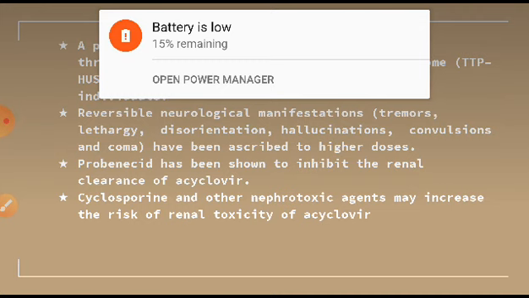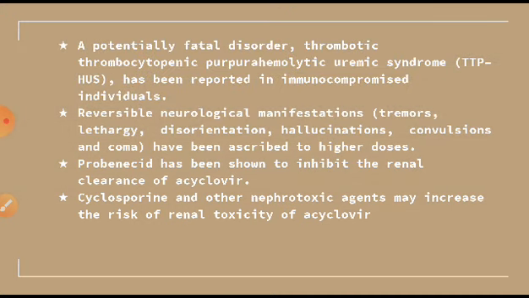A potentially fatal disorder, thrombotic thrombocytopenic purpura hemolytic uremic syndrome, quite a big name, TTP-HUS, has been reported in immunocompromised individuals.